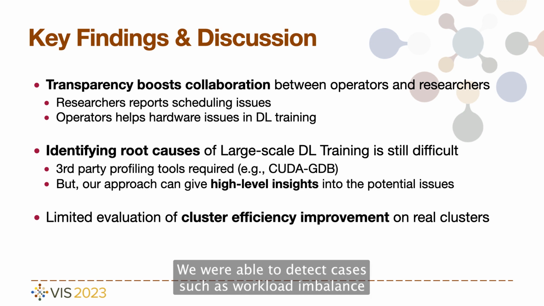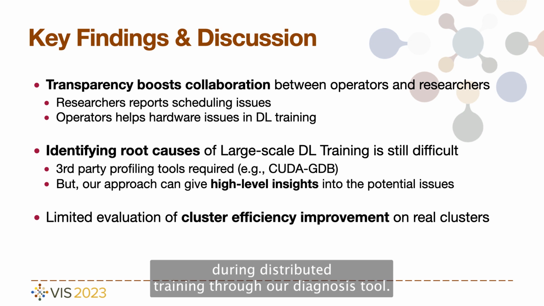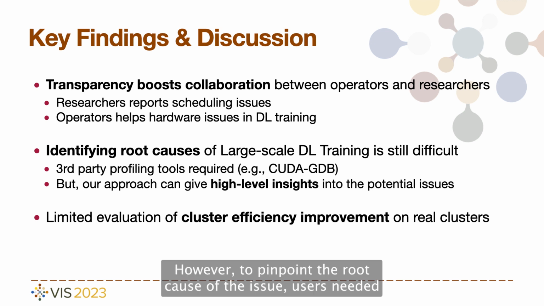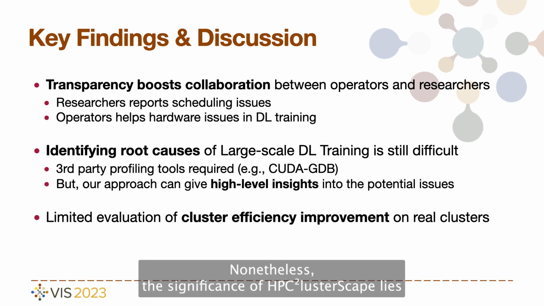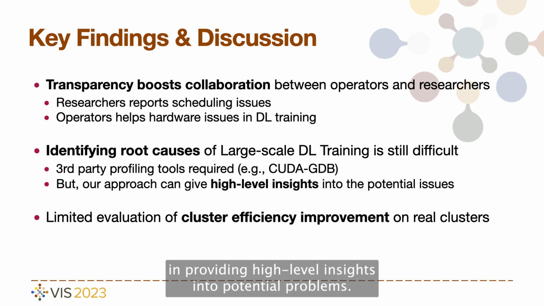We were able to detect cases such as workload imbalance during distributed training through our diagnosis tool. However, to pinpoint the root cause of the issue, users needed third-party profiling tools, which stands as a limitation of our research. Nonetheless, the significance of HPCClusterScape lies in providing high-level insights into potential problems.